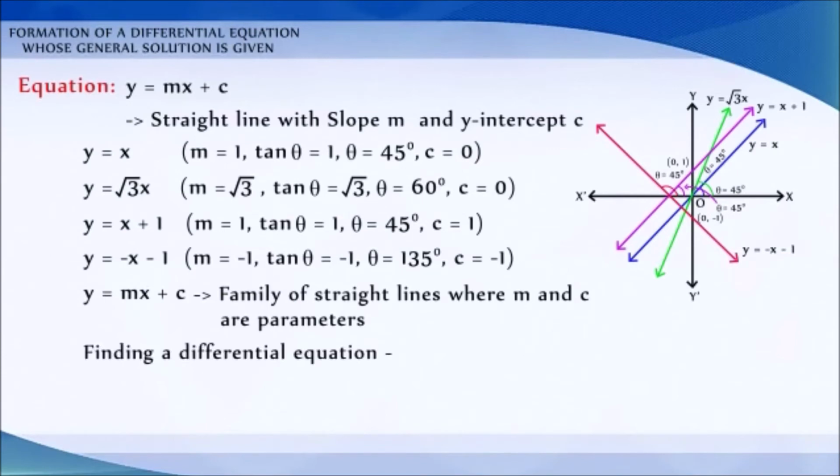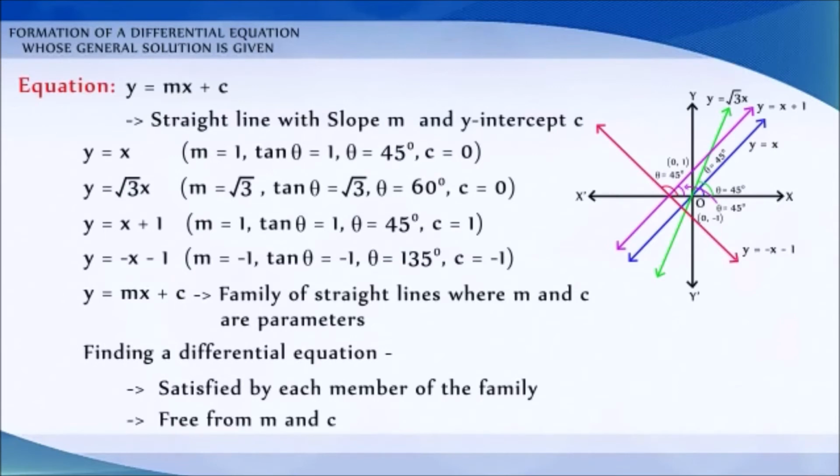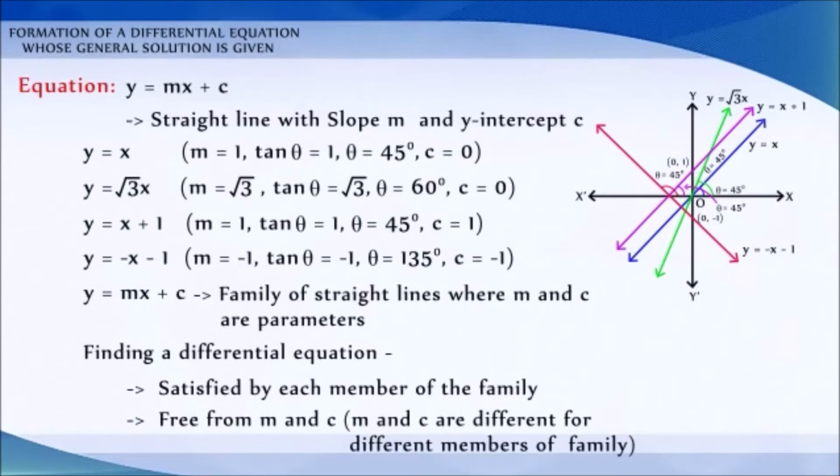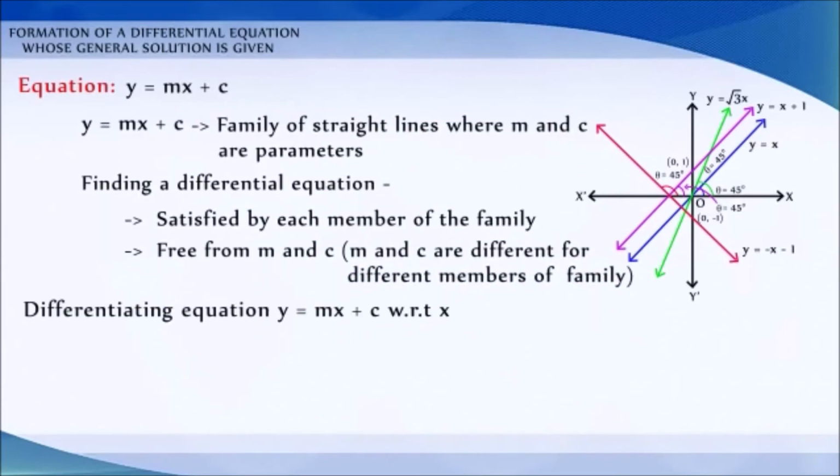Now, we find a differential equation that is satisfied by each member of the family. Further, the equation must be free from m and c because m and c are different for different members of the family. Differentiating y = mx + c with respect to x, we get dy/dx = m.